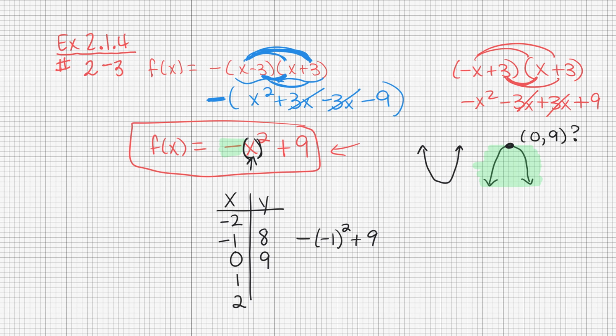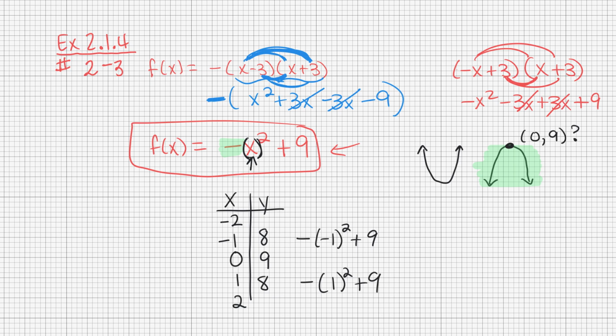It would also be 8, because isn't 1 squared the same thing as negative 1 squared? So this would also be 8. It's looking like that might be my top point, isn't it?